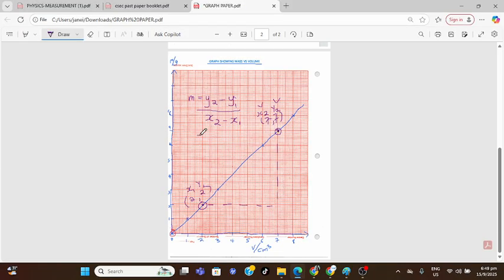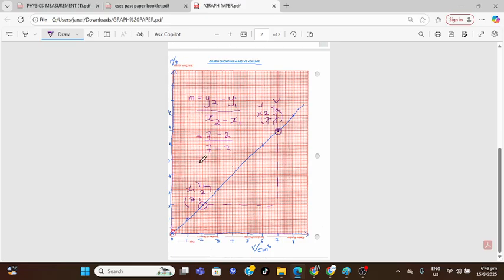We said that y2 was 7 from right here. That's 7. And we know that y1 was 2, over x2, which was 7, and x1 was 2 as well. We're going to put 5 over 5.